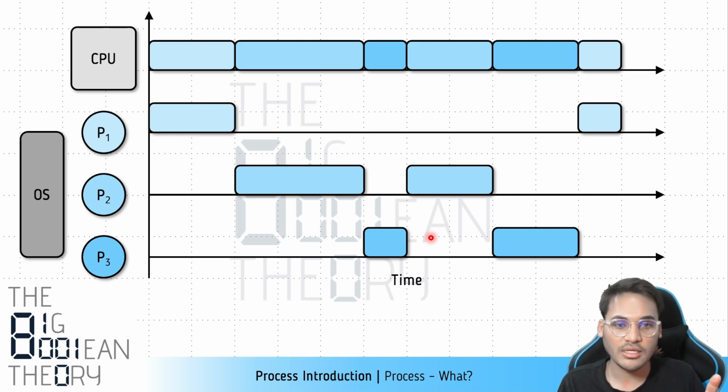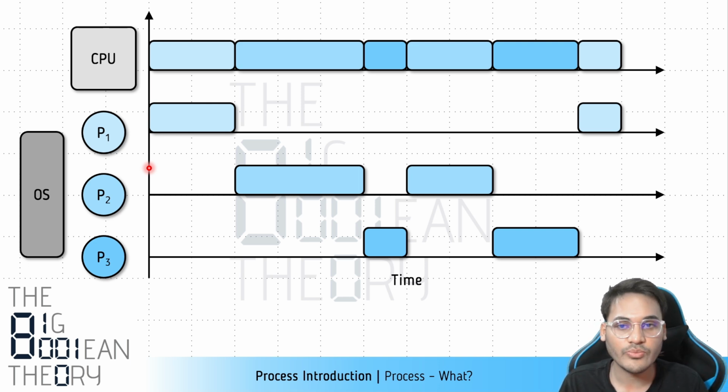And as you can see here, the operating system has to keep track of all the different running programs, all the processes, and then only it can implement this time sharing. Now, another point is that we as a user don't have to worry about the number of CPUs that are there in the system.